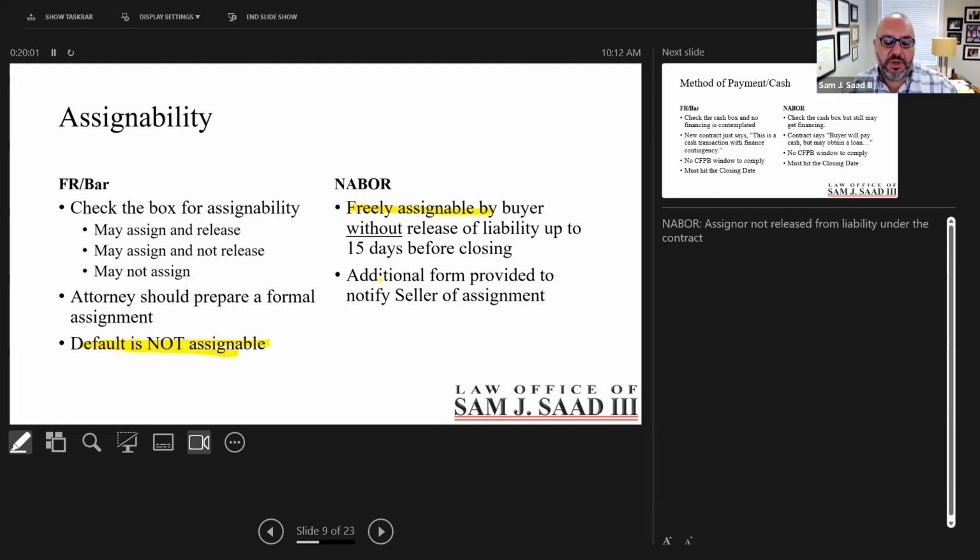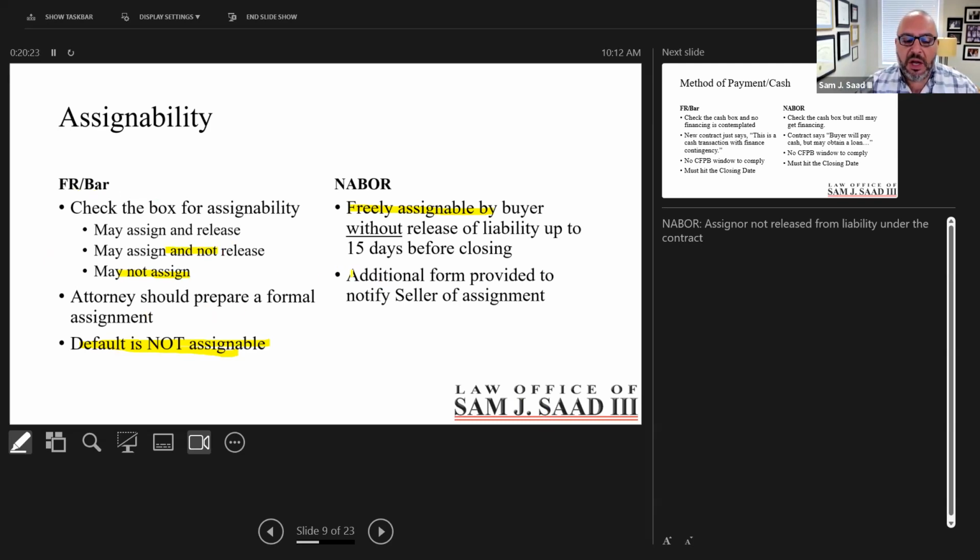Under FRBAR, you would check the appropriate box in the assignment section for assigning and releasing, assigning and not releasing, or no assignment. Under FRBAR, if you did do an assignment, you would have an attorney prepare the formal assignment form.